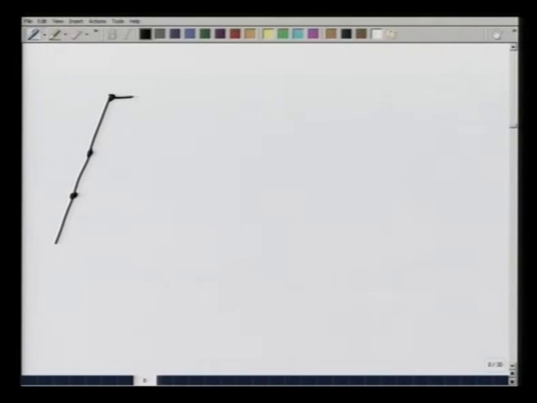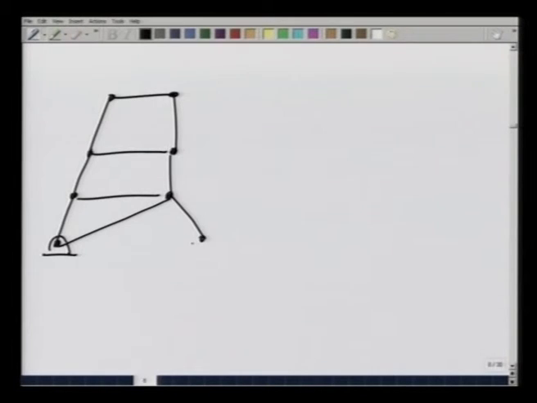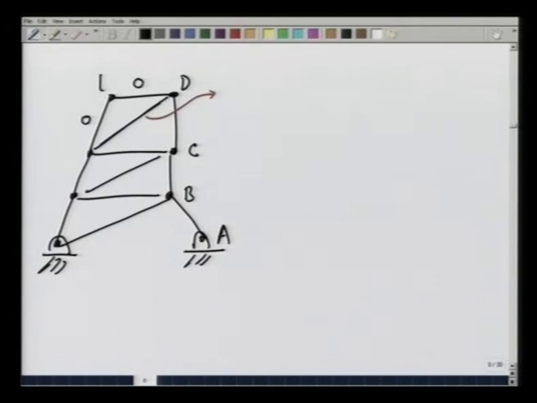This is the truss. We found this force to be 0, this force to be 0. We found this force, let me put it in red. Let me just write this first, A, B, C, D, E, F, G, H. So, we found this force Fd to be 23 newtons.